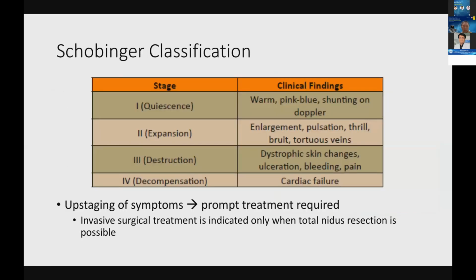About the clinical classification, we have the Schobinger classification. This was already mentioned: stage 1 is only warm, pink-blue, shunt on Doppler, and stage 2 is enlargement, pulsation, and 3 is dystrophic skin change, ulceration, and bleeding, and 4 is decompensation with cardiac failure.